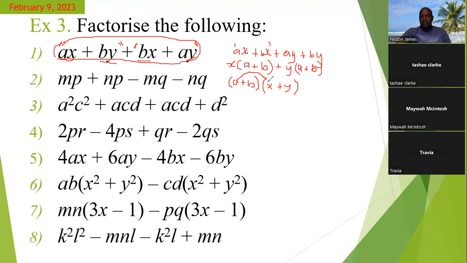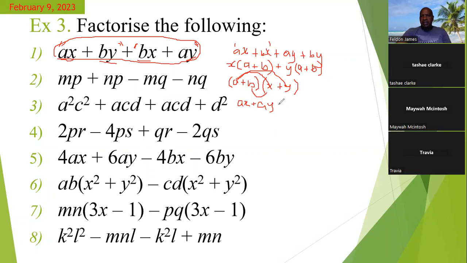So it's a times x, we get ax. Then using a again with the y, a times y, keep the plus sign, we have ay. Now we use the b, distributing the b.